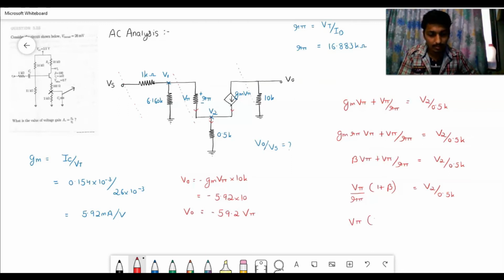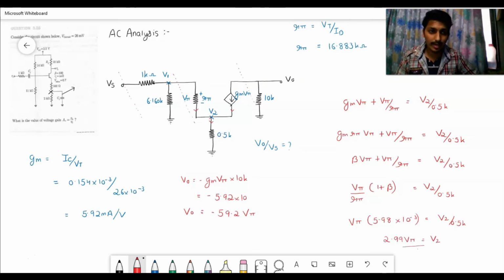So v pi comes out to be 5.98 into 10 raised to minus 3, and v2 is with 0.5 k. If we cross multiply, we will get 2.99 v pi equals v2.